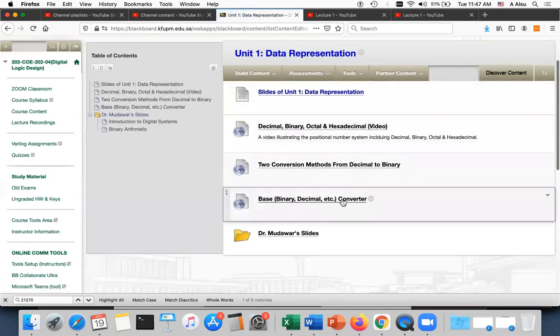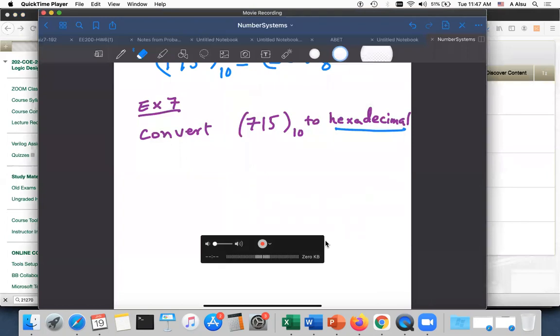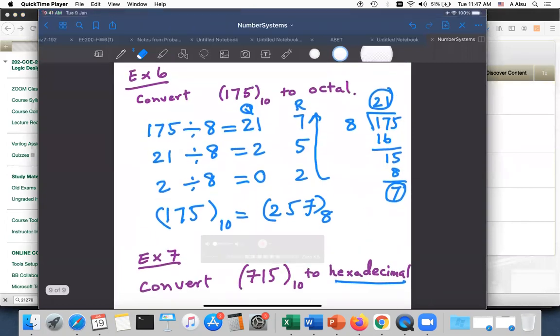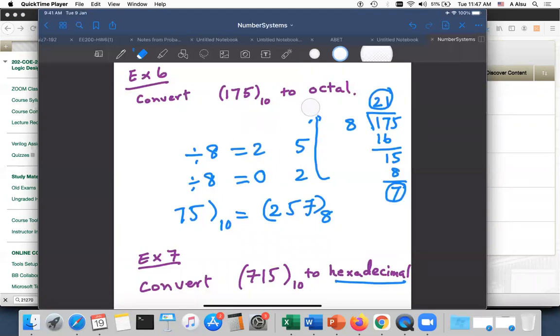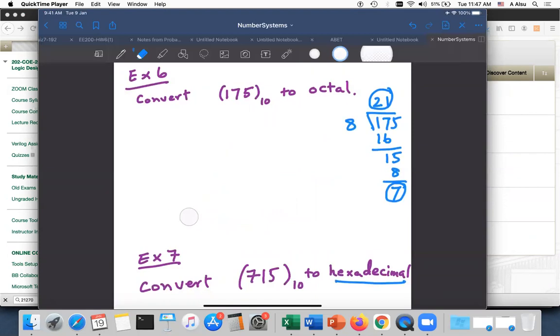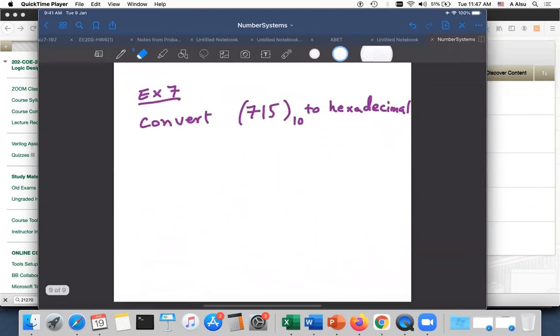But the class notes will not contain the solutions. I'm going to erase all the solutions, and you have to watch the videos in order to see the solution. I advise you to try the solutions yourself and then watch the videos.